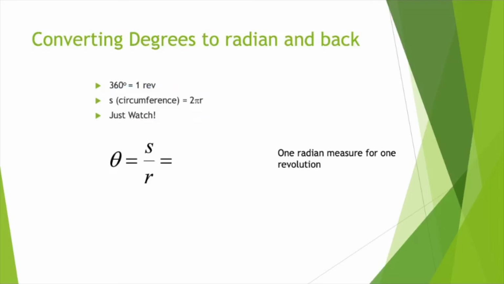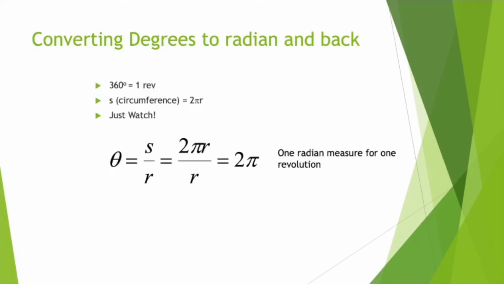So right here, I'm going to bring up that S is 2 pi r divided by R, which our R is right there. We're going to reduce those R, so I'll just have 2 pi.